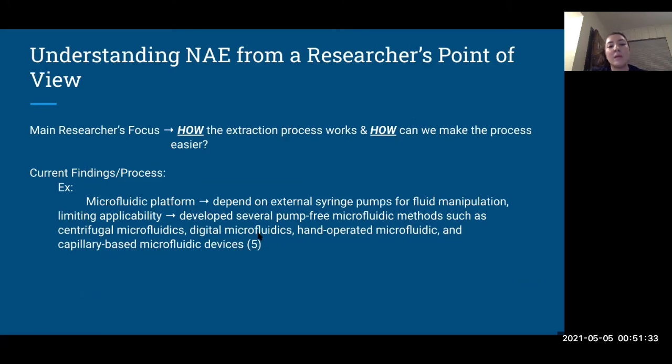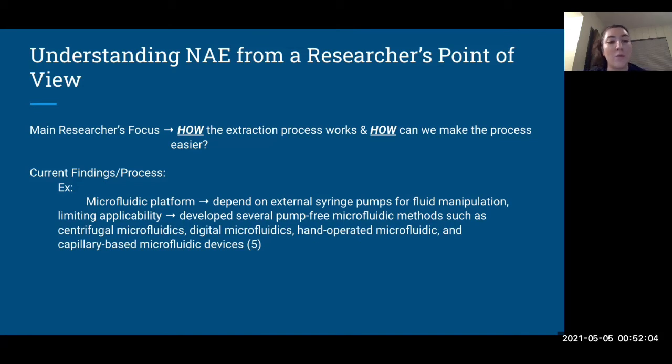Understanding the extractions from a researcher's point of view. Some brief history about a researcher's understanding is that even though such extractions can give us a lot of obstacles, as I previously mentioned, researchers see these extractions more as a way of learning how the extraction process works. The main focus is how it actually works and how we can make this process easier.